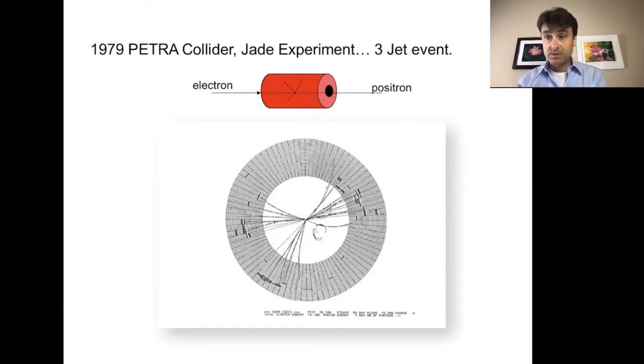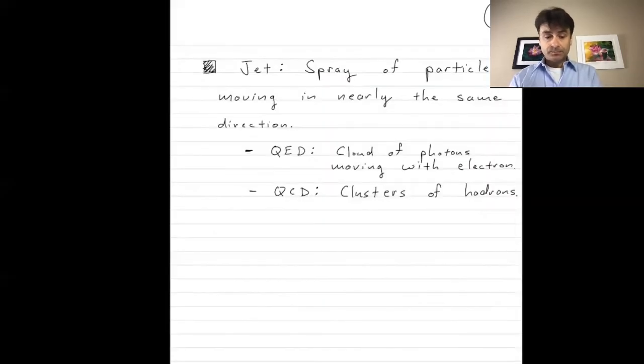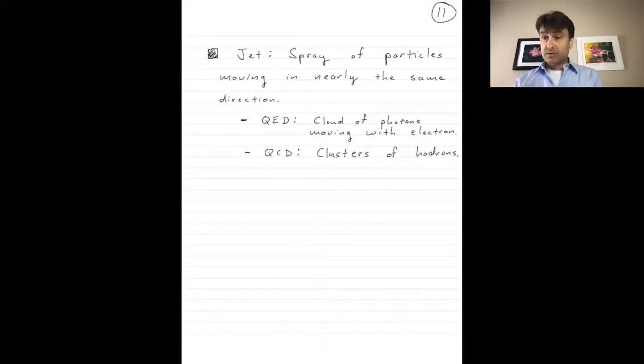And so you actually see these sprays of very collimated groups of particles. This is actually 3 jets, not the 2 that I talked about before, but anyway, those are jets. This is what I mean by a jet, by the way. We're going to gradually get more precise about what we mean by a jet in the context of this discussion.